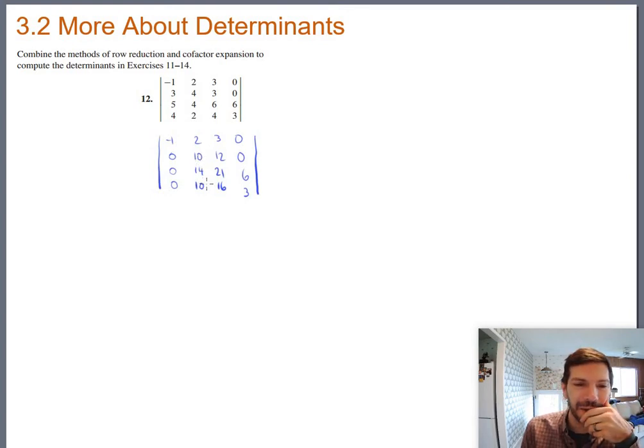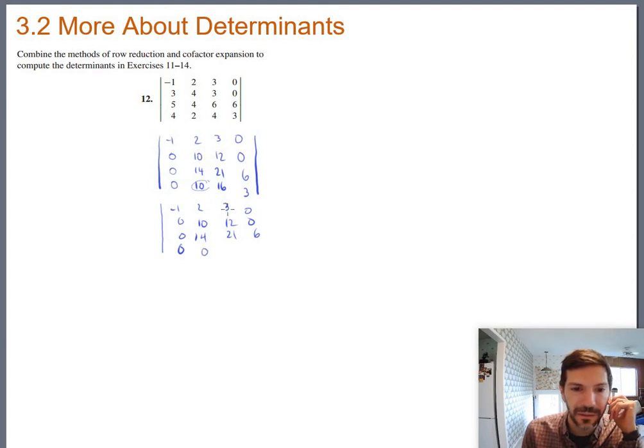I might clear out this 10 though and make that one a 0, just to give me one more 0, just because it's easy. Okay, so negative 1 of row 2 added to row 4.